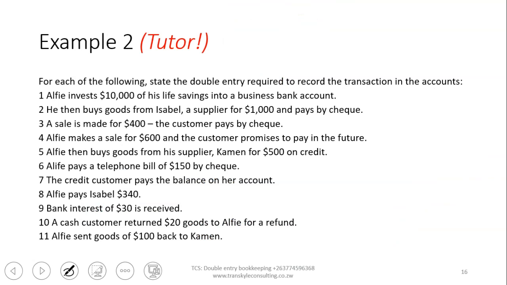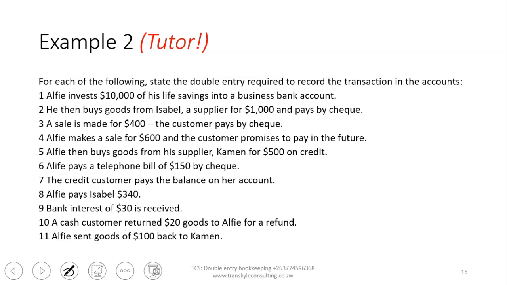Okay, so let us go through that example and see what would be going on. For each of the following, state the double entry required to record the transaction in the account.